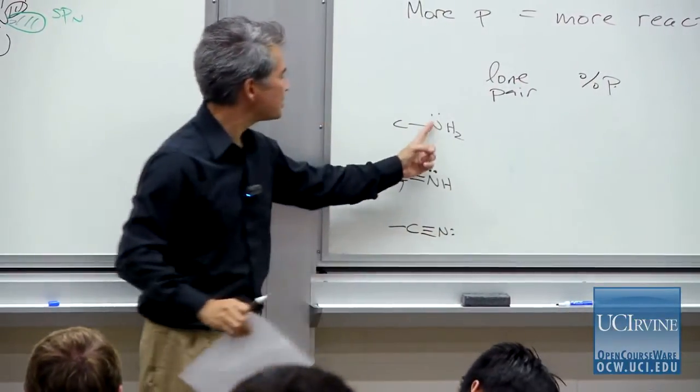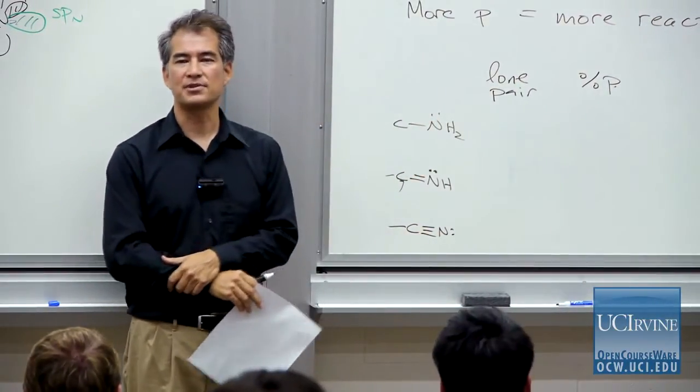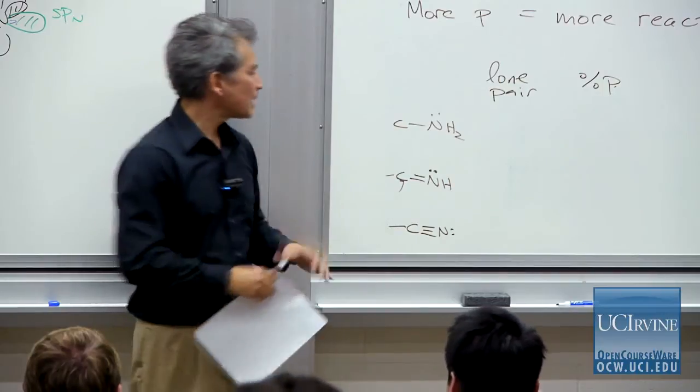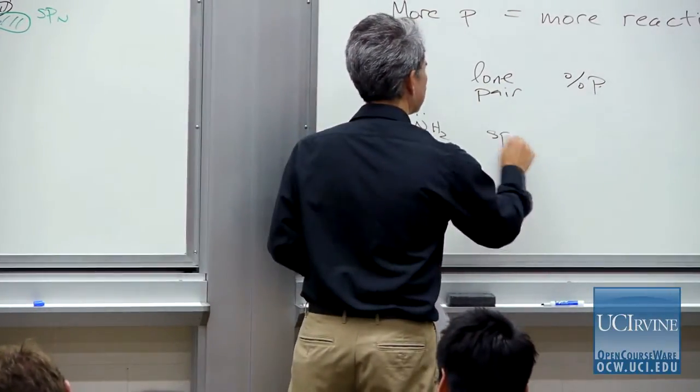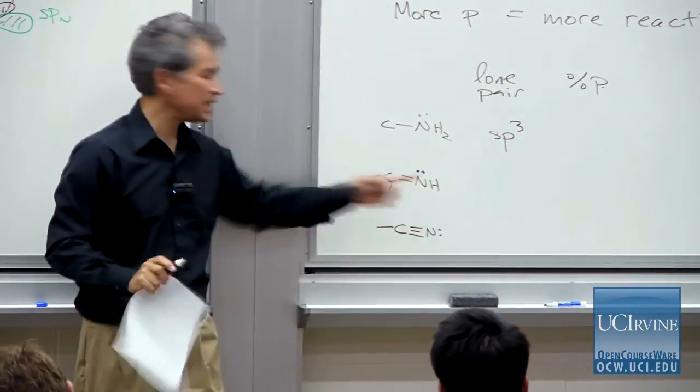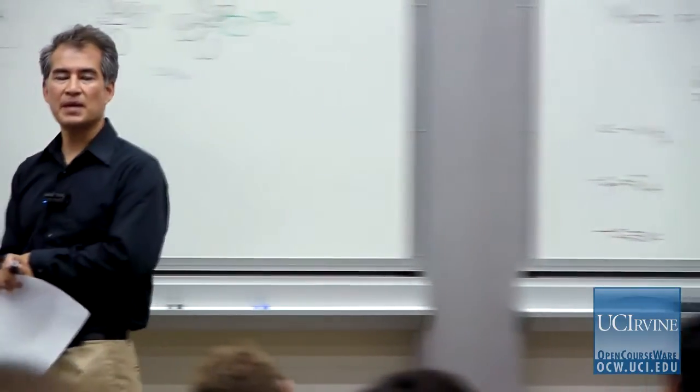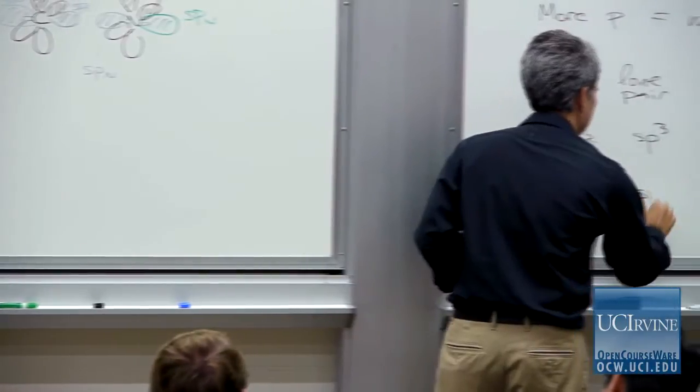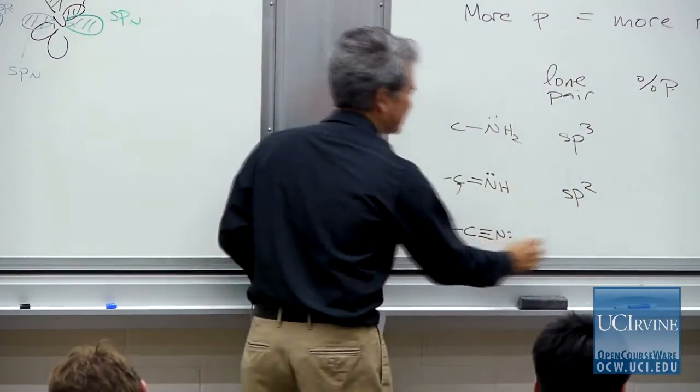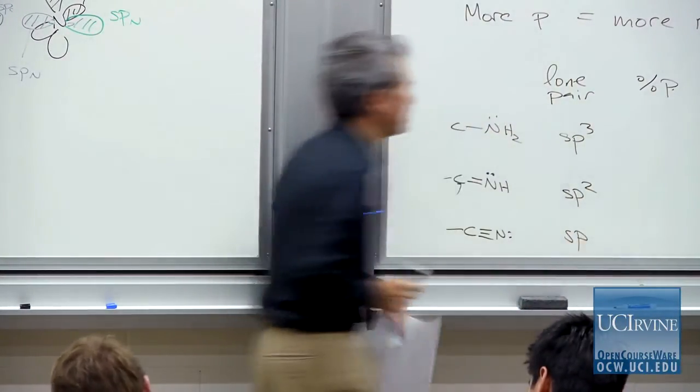What's the hybridization of this lone pair on the top nitrogen? It's sp3. How about the second one? The imine, or pyridine, or imidazole. And then finally I get down to the nitrile, and we already said that that's sp hybridized.